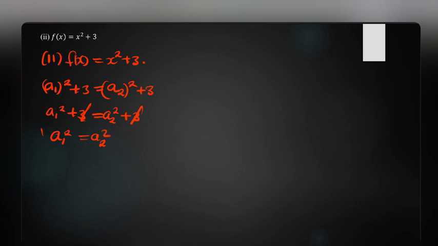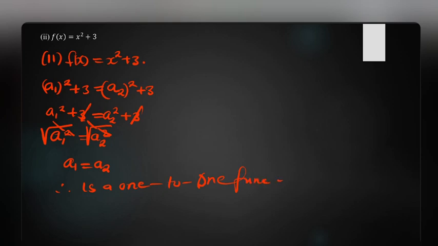Since the power is 2, we introduce a square root on both sides. This and that cancel, this and that cancel. So we have a1 equal to a2. Therefore the function is a one-to-one function.